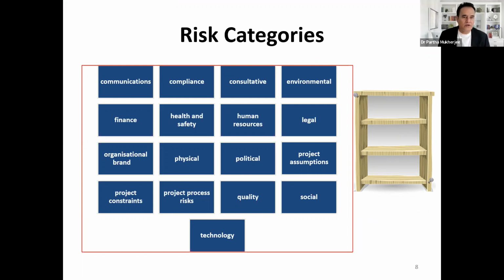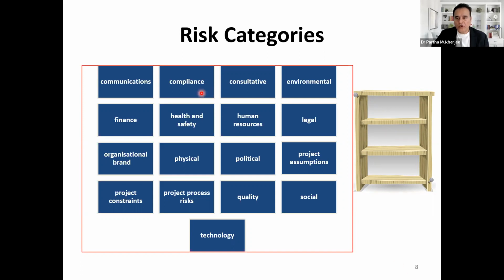In real life, there could be 28 to 30 categories, depending on what kind of projects you're doing. So you need to put each of the risks into different categories. So communication related risk will be all in the communication basket. Finance related risk will be in the finance basket. Physical injury that can happen as a risk, you will put in the physical bracket, in the box.